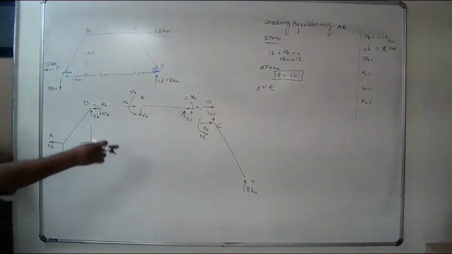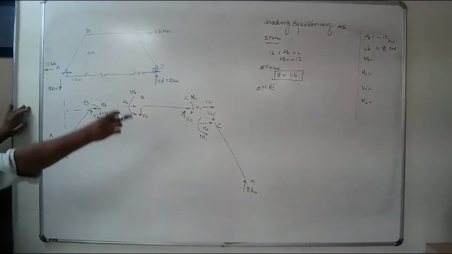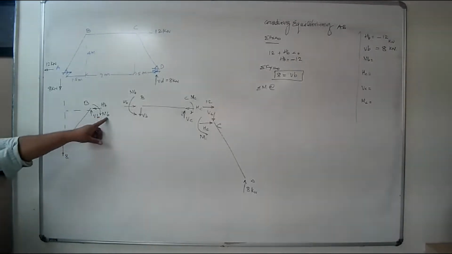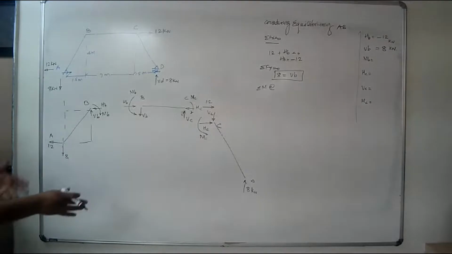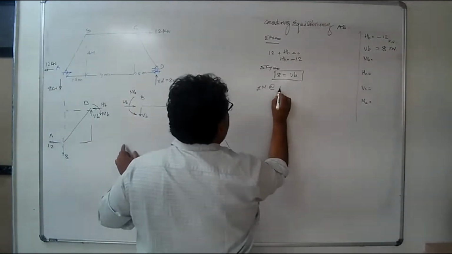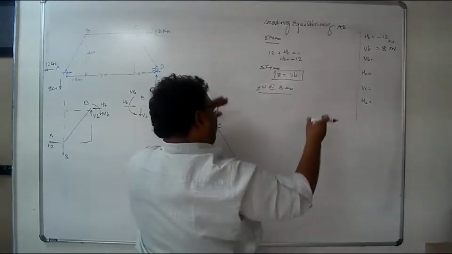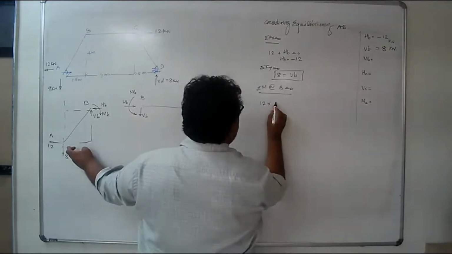And because of this 8, because this is the line of action of force, here is the perpendicular distance, so this moment is anti-clockwise. So moment of this 8 will be anti-clockwise and moment of this MB and because of the 12 are clockwise. So clockwise moments are to be equal to anti-clockwise moment. So moment about B is equal to 0 I am doing. अगर moment is equal to 0 लिख रहा हूं तो clockwise moment I am equating with the anti-clockwise moment. So it is 12 multiplied by 4.